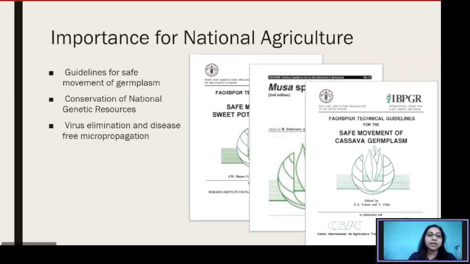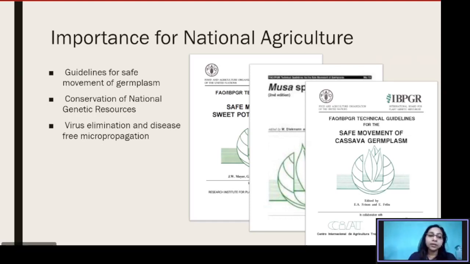And another importance for our agriculture is conservation of national genetic resources. I've started the conservation of cassava and sweet potato, and in the future, I hope to conserve many more crops via plant tissue culture.